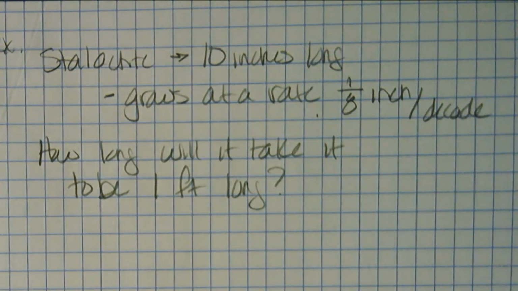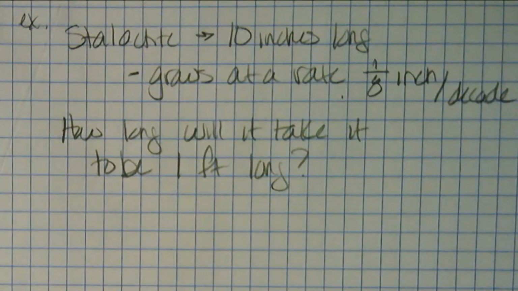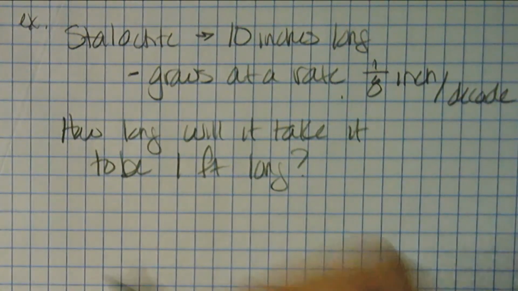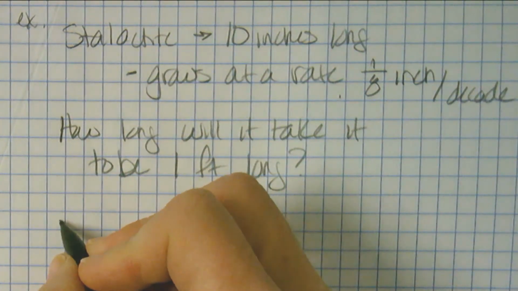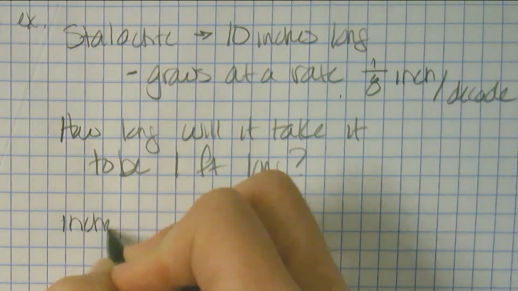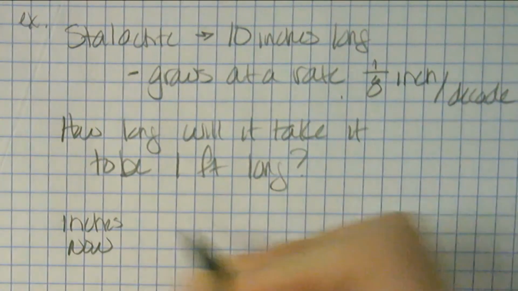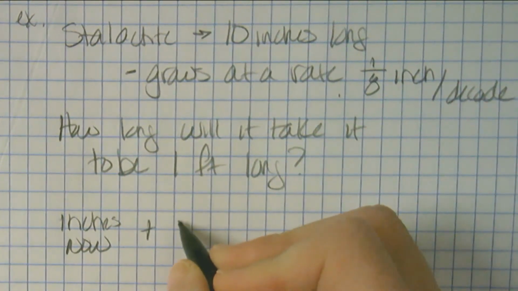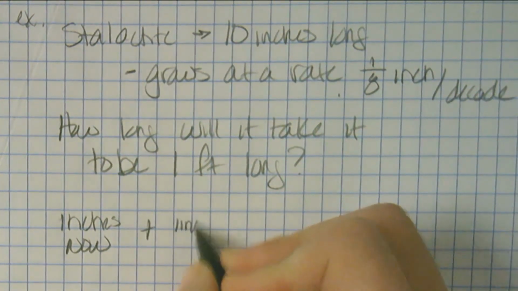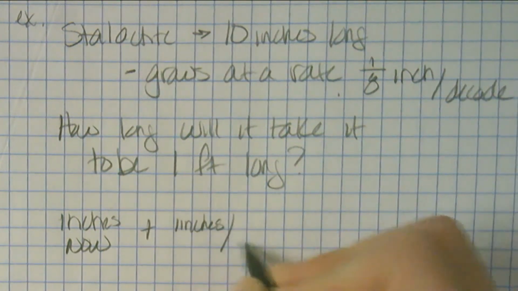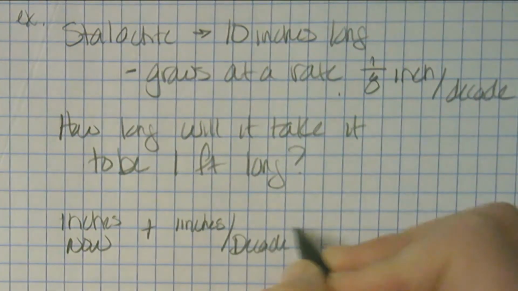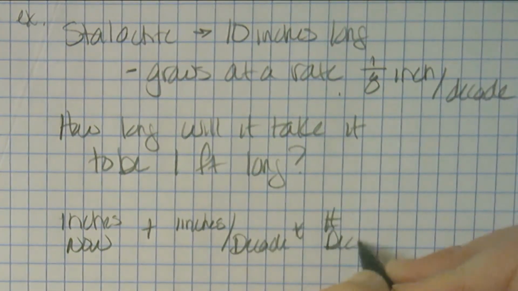Okay, somebody tell me, what game plan would you come up with for this? Ada? So inches now, okay. Per decade, hang on a second, times my number of decades, okay.